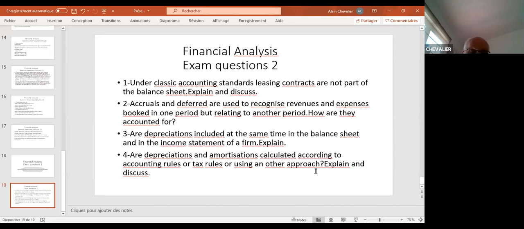Of course, you depreciate the gross value by the level of the annual depreciation each year, but in fact, you understand that the total depreciation accumulated in the balance sheet is increasing every year.